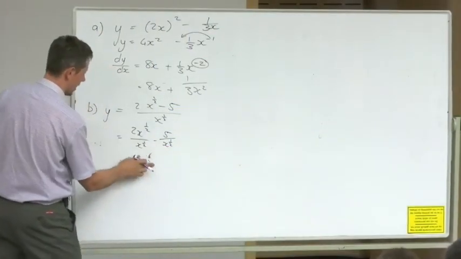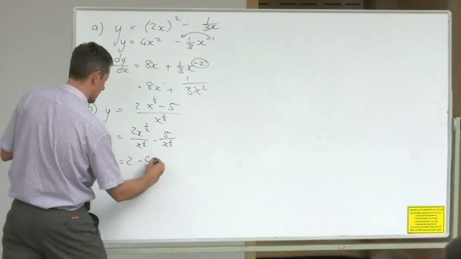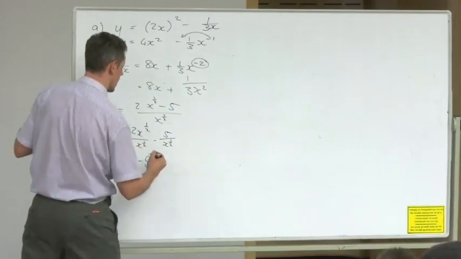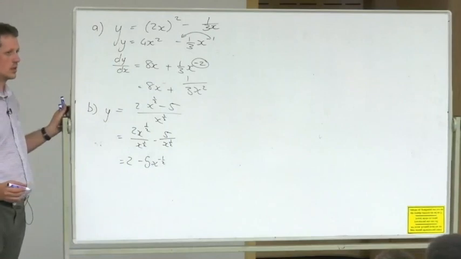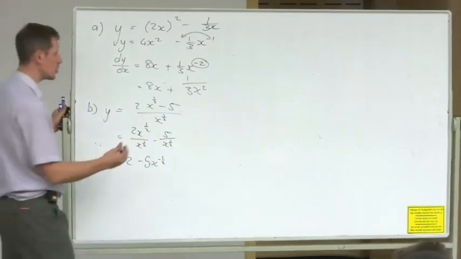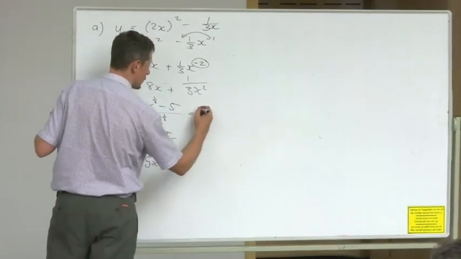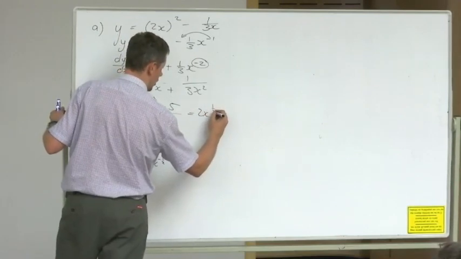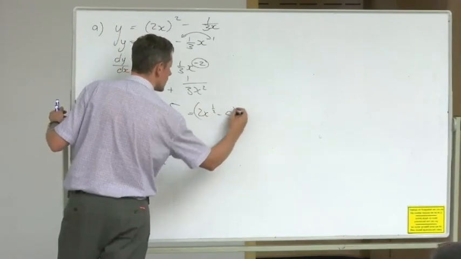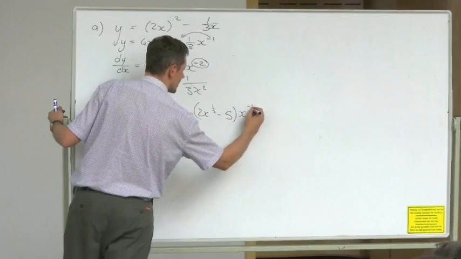Oh, that is an ugly 5, that. X to the negative a half. Another option could be, but you've got to be careful, 2x to the half minus 5, x to the negative a half.